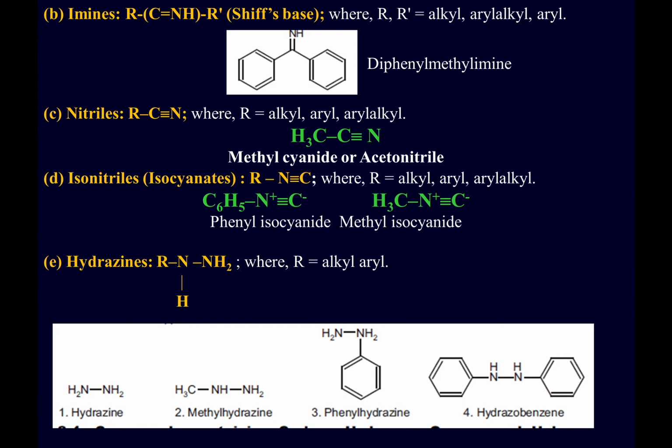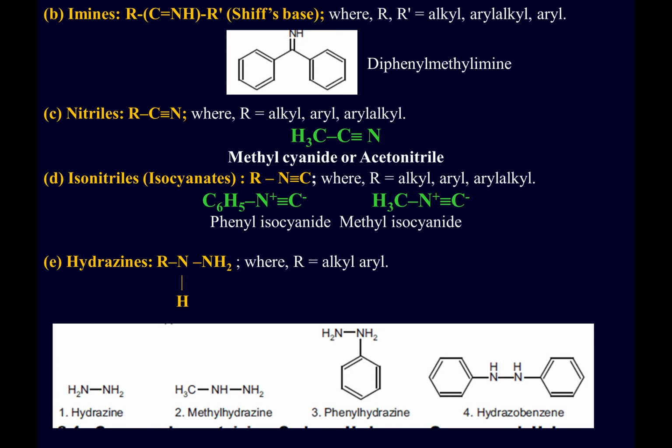If two hydrogens of the amine are removed, a double bond is formed. These are imines. Example is diphenyl methylamine. Nitriles are a separate functionality with a C triple bond N. Example, methyl cyanide, acetonitrile.